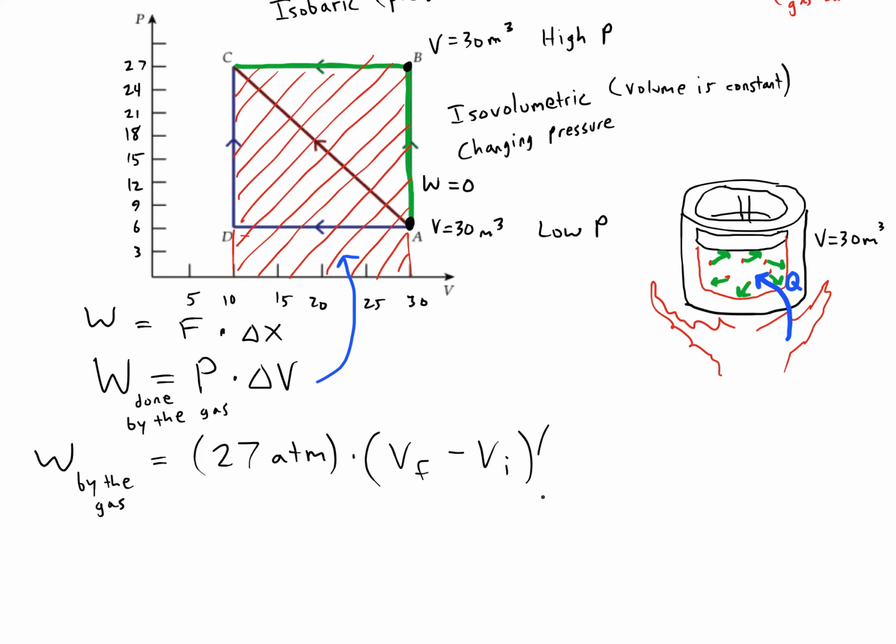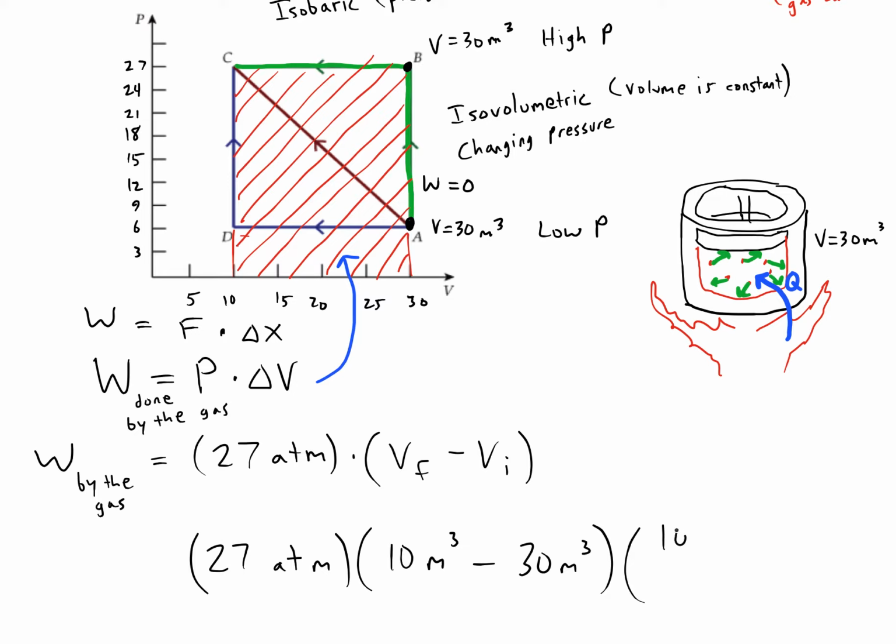So now we can multiply. To change the atmospheres, we just want a conversion factor. I'll just do it down here. So we have 10 meters cubed at the end, 30 meters cubed initially. Change the atmospheres to pascals.